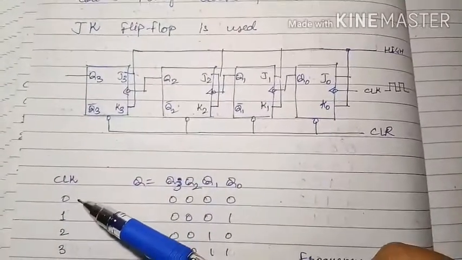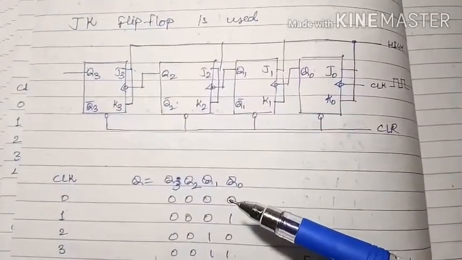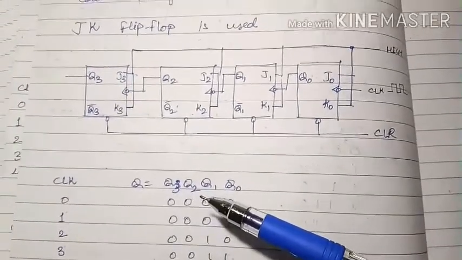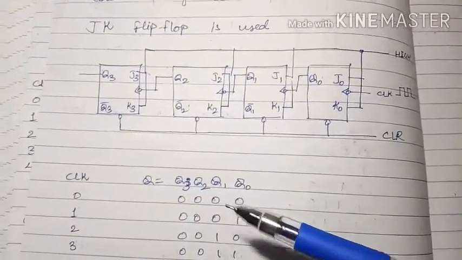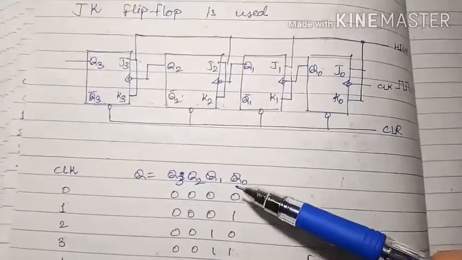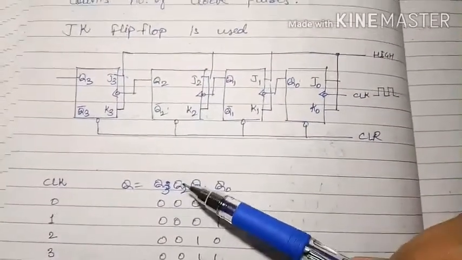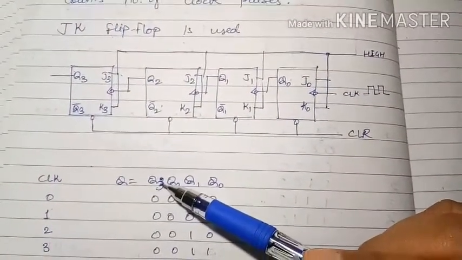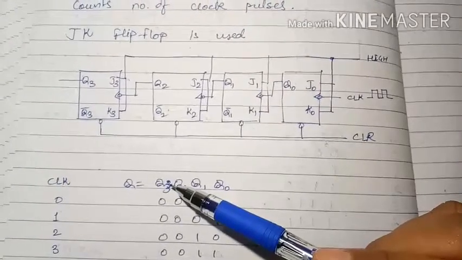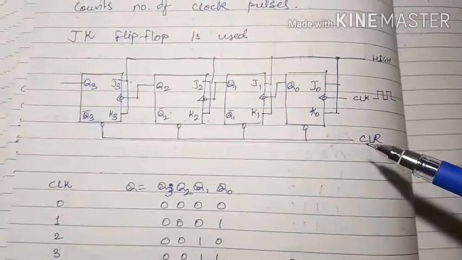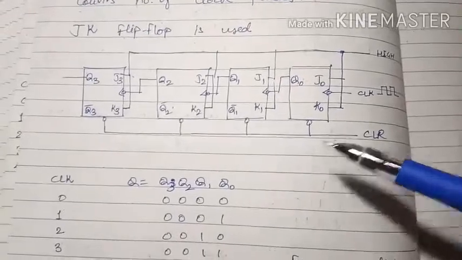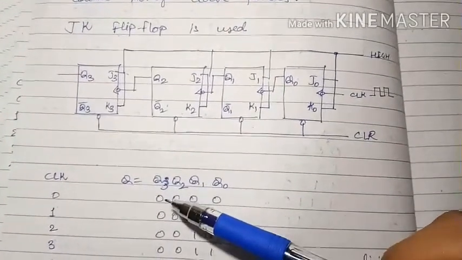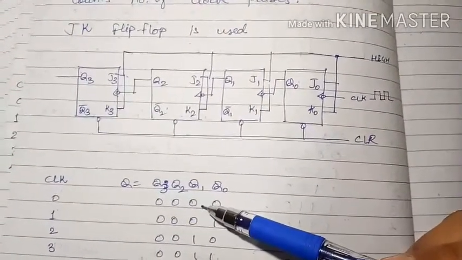Initially, when no clock pulse is there, the flip-flops are set to 0. Here Q0 is the LSB, Q3 is the MSB. When the clear, CLR, goes low, all the flip-flops are reset to 0.